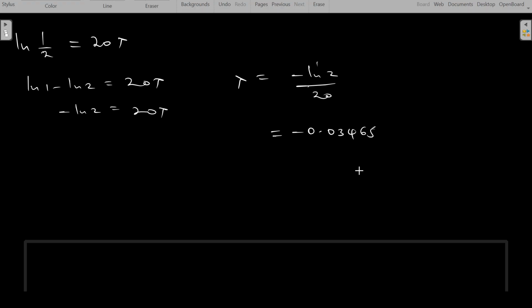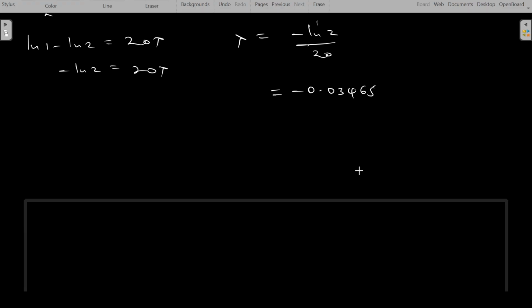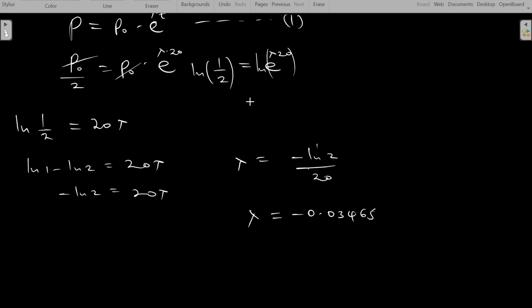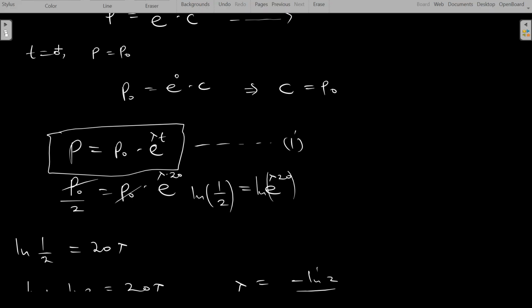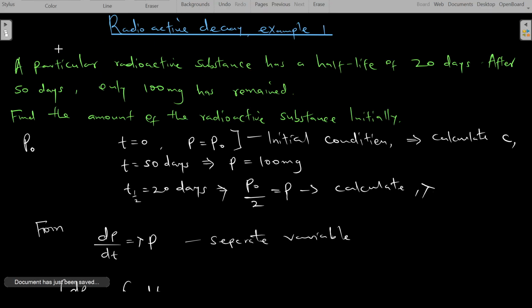Now having this knowledge, we have our lambda. So let's go back and substitute in our general equation. So this is our general equation. Let's substitute the value of lambda at this point. Because we were told that after a certain period of time, which is 50 days, we should get our remaining radioactive sample as 100 milligrams.